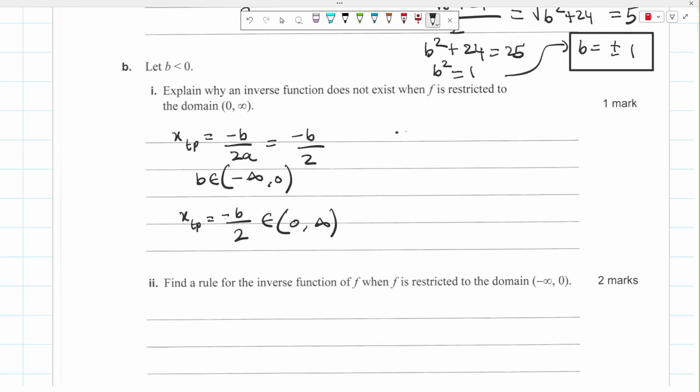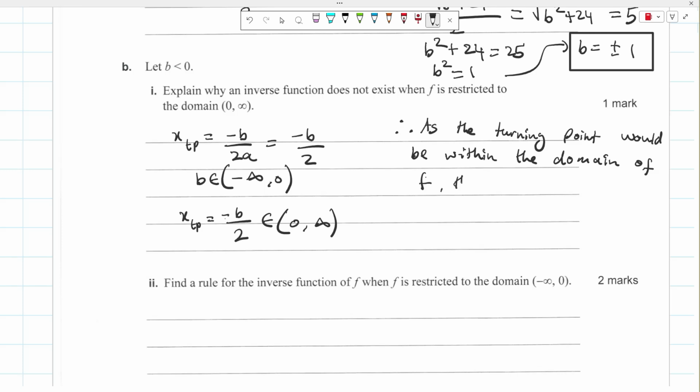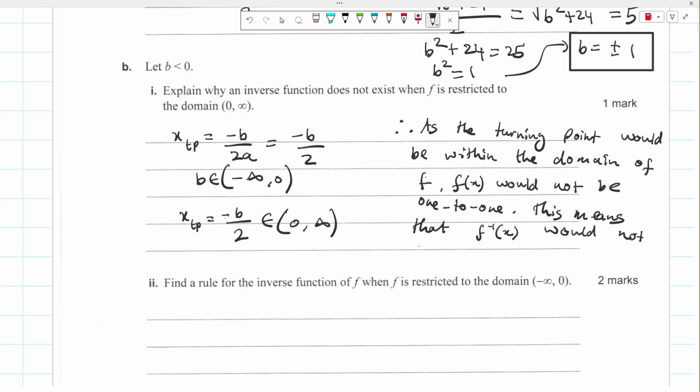So therefore, as the turning point would be within the domain of f, which is also 0 to infinity, f of x would not be 1 to 1. This means that f inverse of x would not exist.